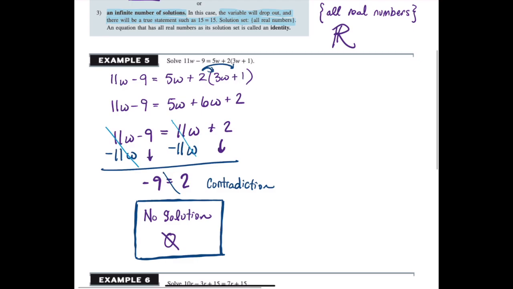Let's look at another example. So this wants us to solve 10r minus 3r plus 15 equals 7r plus 15. What will we have? One solution, no solution, every possible solution.